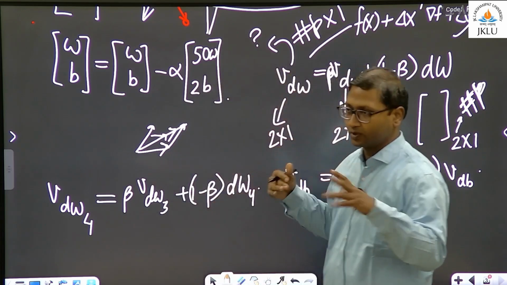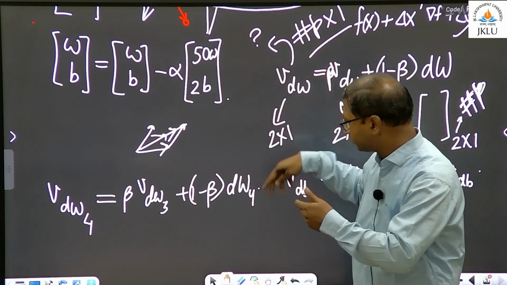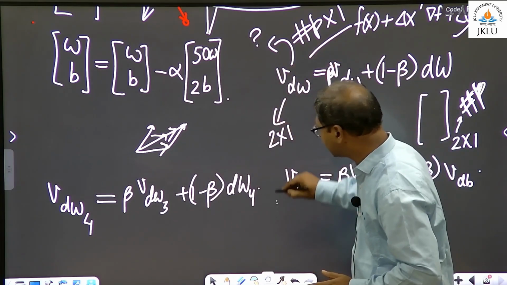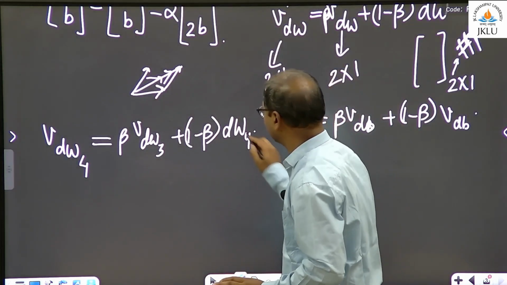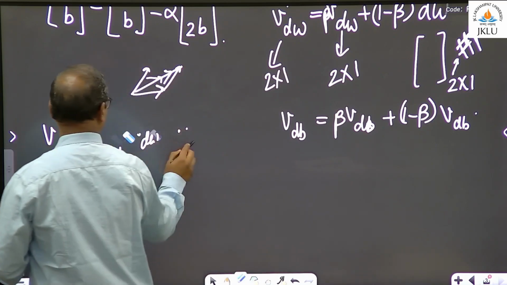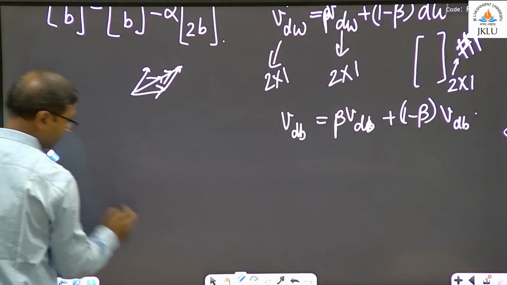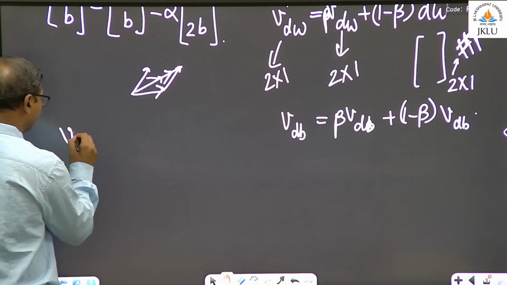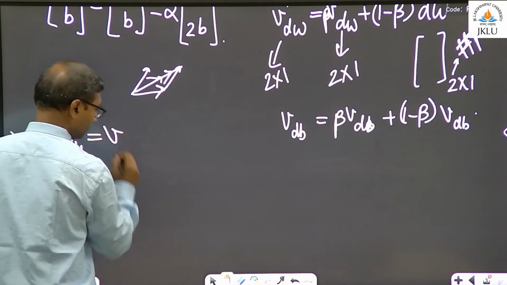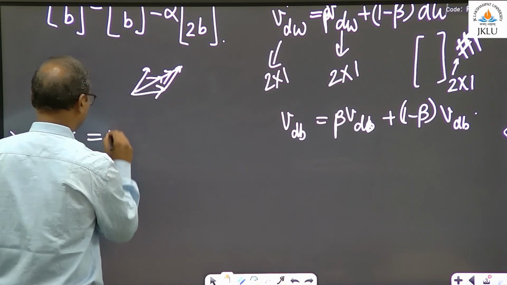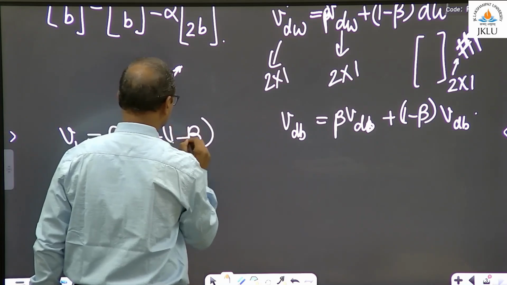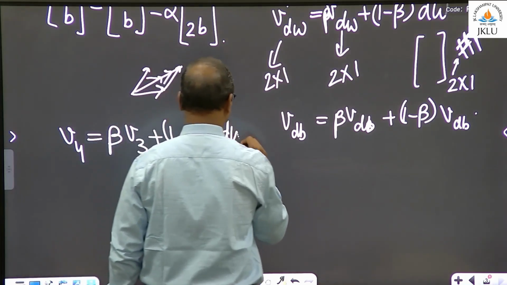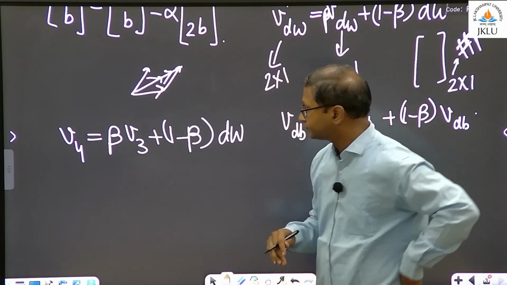I might be doing something wrong with these notations, so let me just call them V. V4 will be beta times V3 plus 1 minus beta times DW, let's say. Okay.